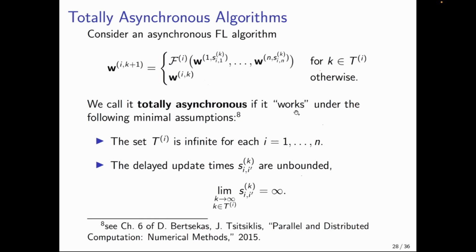Let's say this is our definition of works. Then a totally asynchronous algorithm works if the active set is infinite for each node. This means that there is no node that at some point stops. So if we wait sufficiently long, each node will at some point again be active.